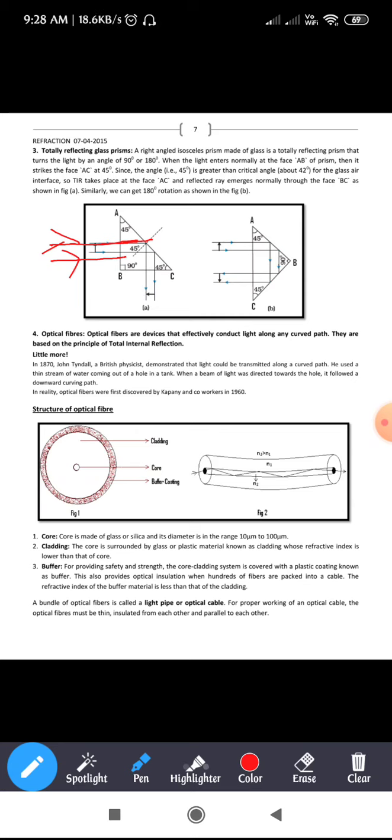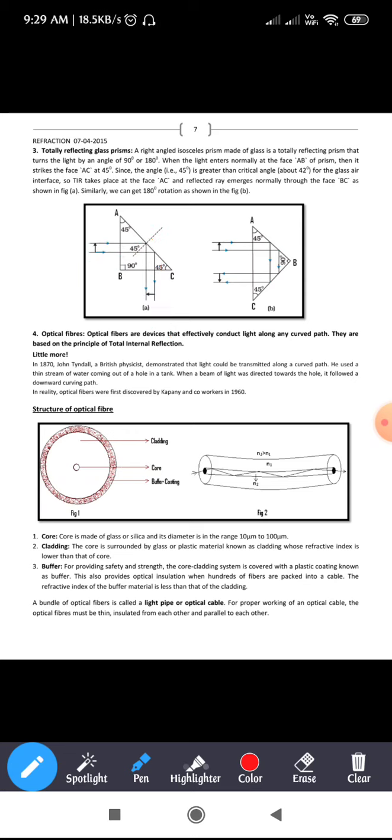The glass-air interface critical angle is about 42 degree, so this light ray strikes the face AC at an angle greater than the critical angle. What happens? The light is reflected and passes normally through the face BC. That is nothing but TIR taking place. Hence, this is the total reflecting glass prism.